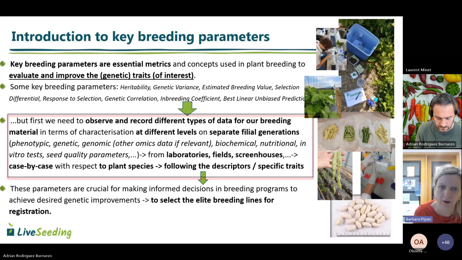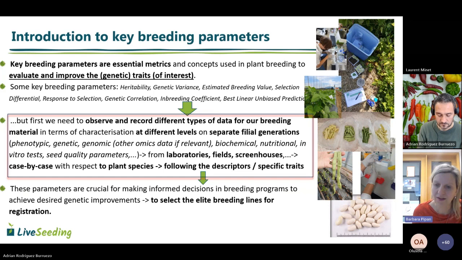So here we have phenotypic traits, on the morphologic level, genomic data, genetic data if available, then biochemical data, nutritional data, different results of resistance tests and observations, and of course the seed quality parameters, and we put all those traits together for the same group of breeding lines, with the same or similar combination and the same breeding objectives.